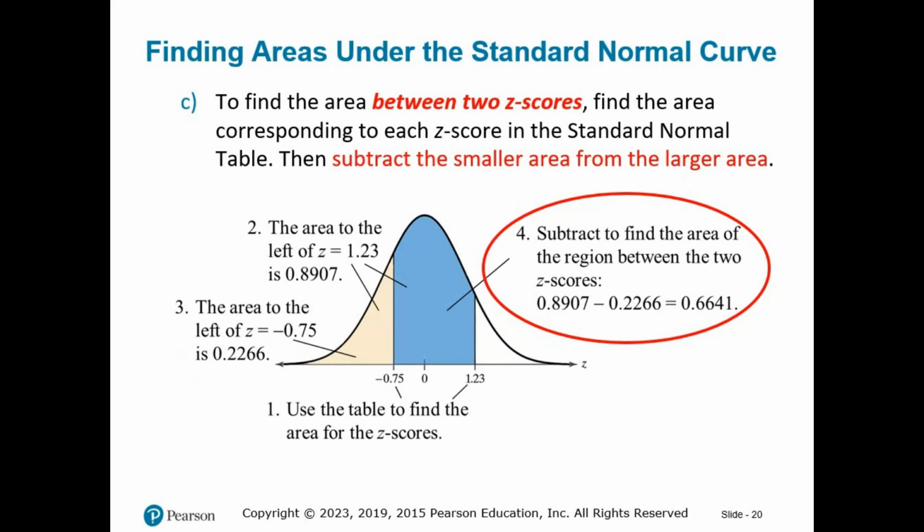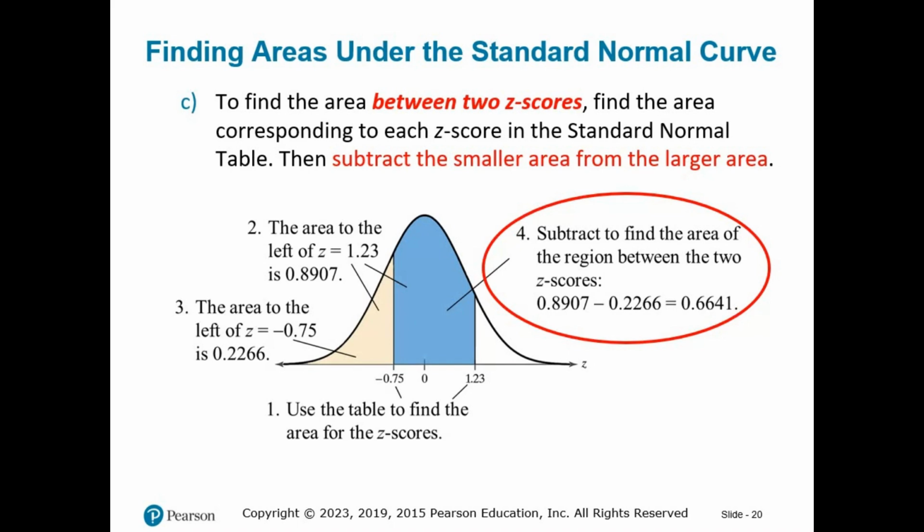Now, to get the area of just the blue section, we need to subtract the area of the tan section, or the area we got for z equals negative 0.75, from the total area left of z equals 1.23. So, we do 0.8907 minus 0.2266 equals 0.6641. That gives us the area of the blue section, 0.6641.